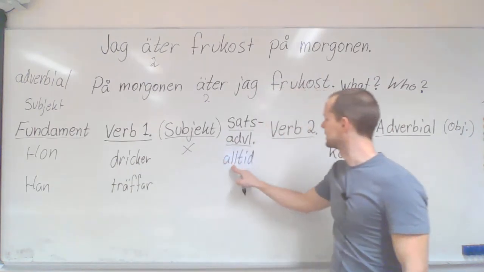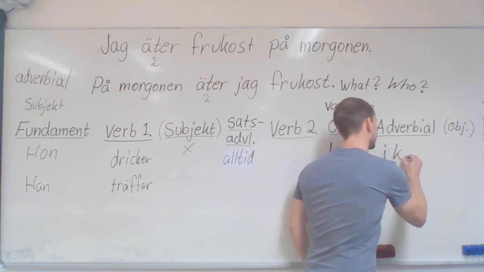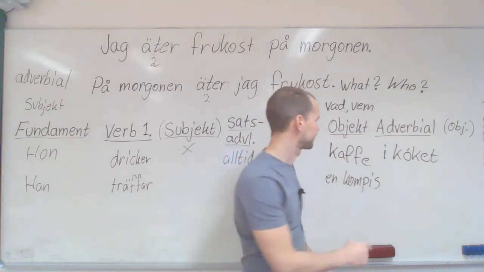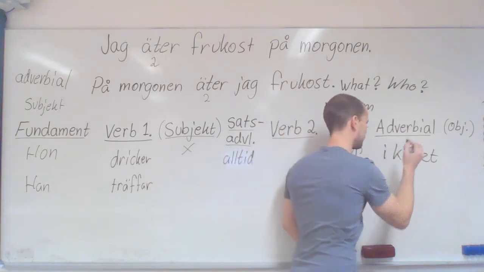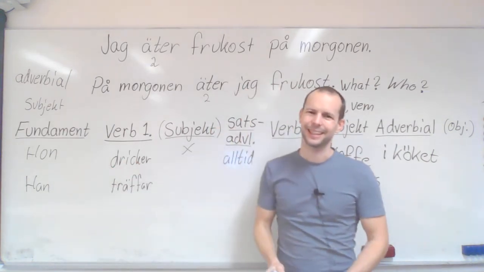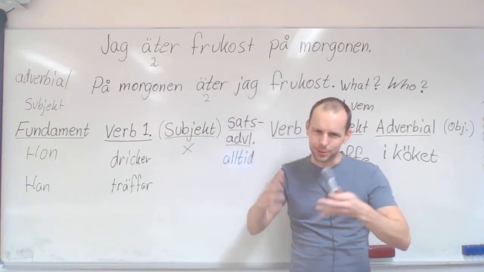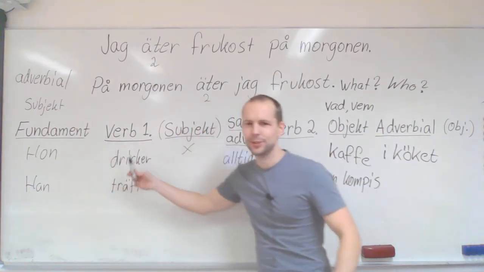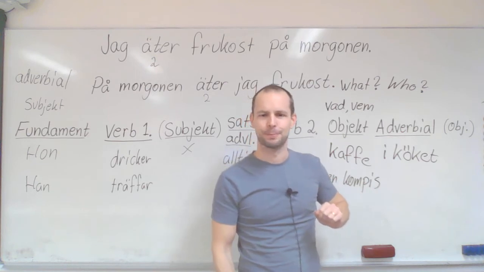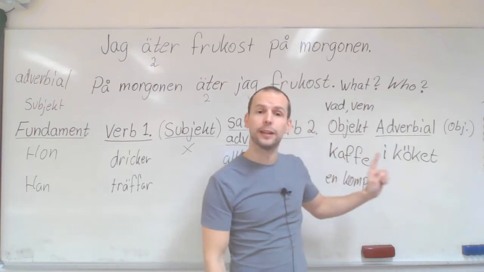Hon dricker alltid kaffe i köket. In English it becomes she always drinks, but in the Swedish sentence, she drinks always coffee in the kitchen. She always drinks coffee in the kitchen. Hon dricker alltid kaffe i köket.